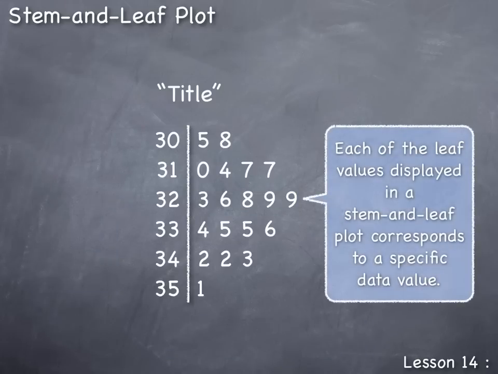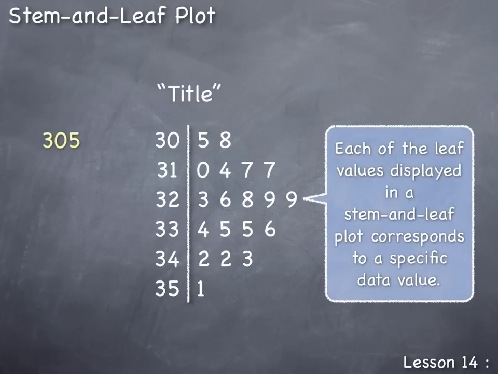Each of the leaf values displayed in a stem and leaf plot corresponds to a specific data value. In this stem and leaf plot, the first leaf, which is 5, is displayed immediately across from the stem value of 30. Together, the 30 stem and the 5 leaf correspond to an actual data value of 305. 305 is the minimum data value in this sample.